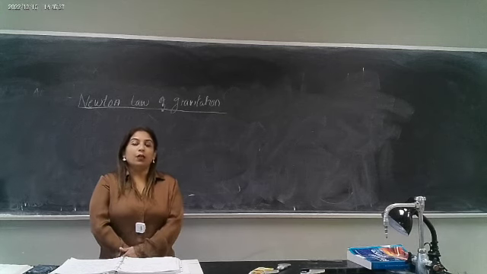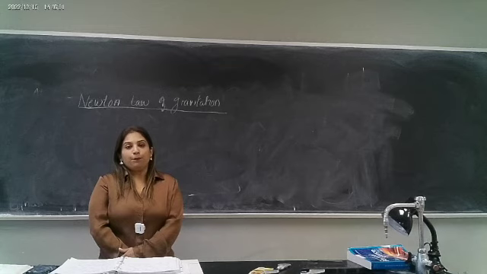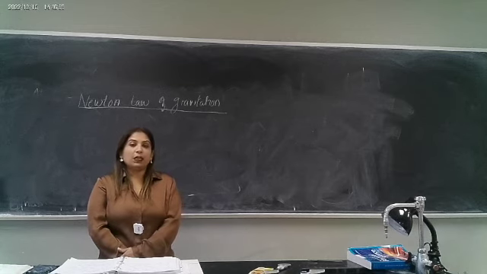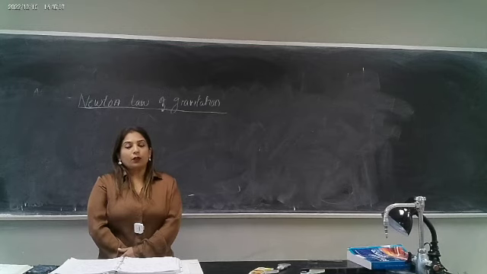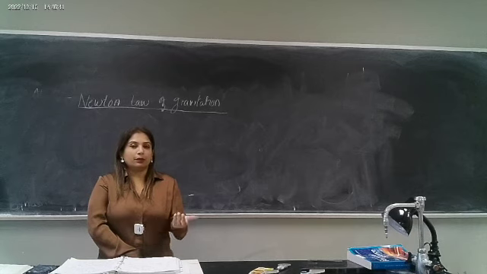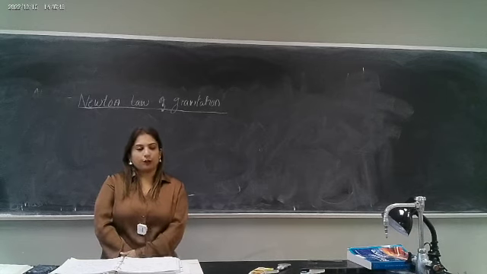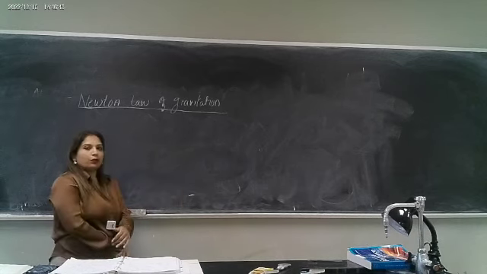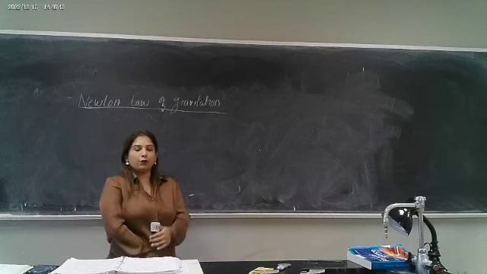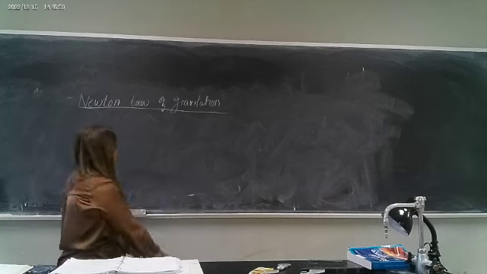For example, if you want to know the centripetal acceleration for the moon, if we know the distance and the speed, we can figure out the value of the centripetal acceleration. Let's do that first before we get to the statement of Newton's law of gravitation.